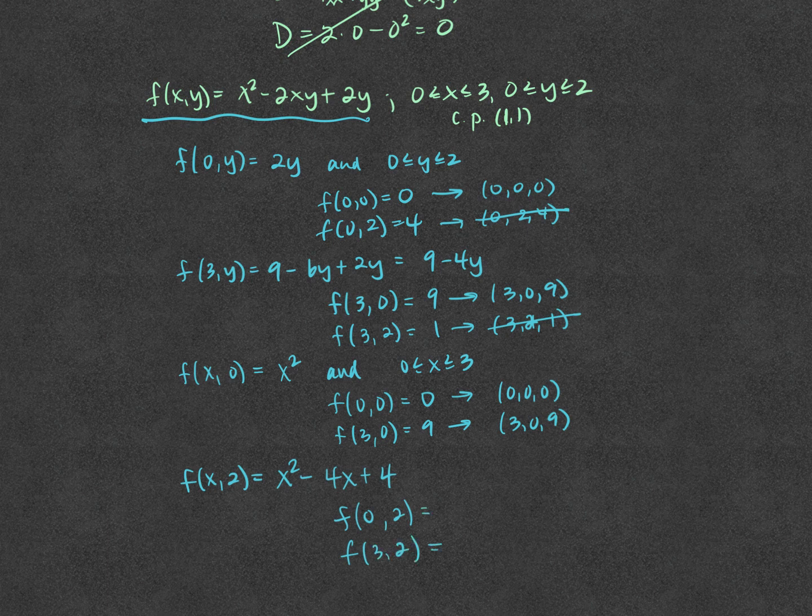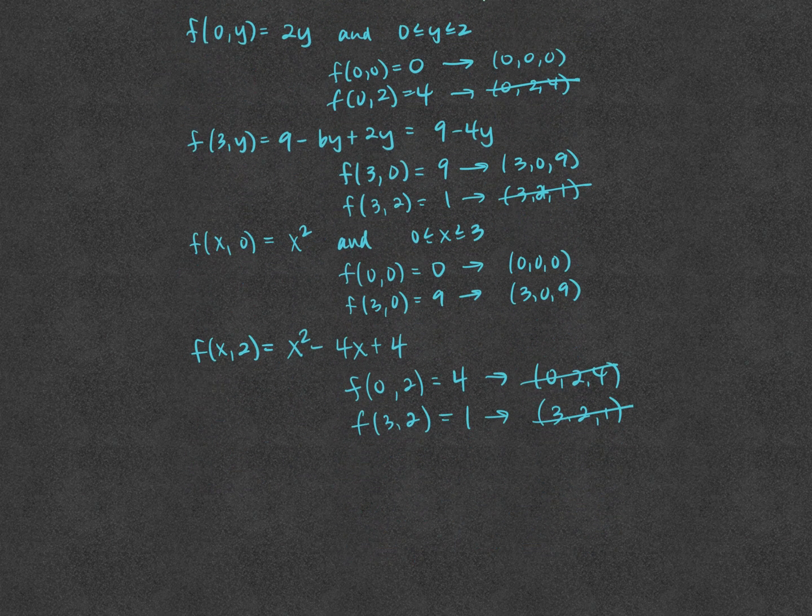I'm going to plug in 0 for x, and we get 4, which gives us the point (0, 2, 4). And when we plug in 3 and 2, we get 9 minus 12, which is negative 3, plus 4 is 1. So we have the point (3, 2, 1). This value is in between, and the value of 4 is in between, so that's not helpful.